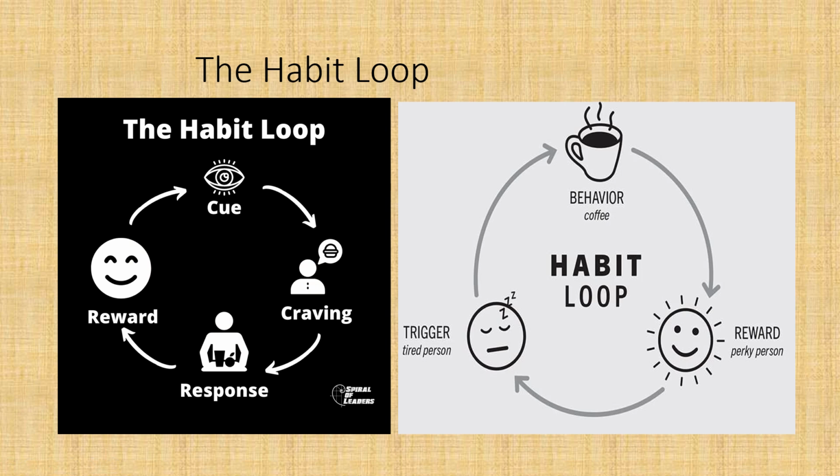So let us understand a common example. So this cue, routine, reward is the whole structure of a habit loop, which is stored in our brain. That is all these three components, and the craving part is saved in our brain, which creates the muscle memory.